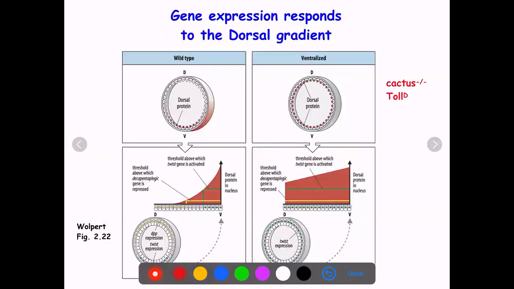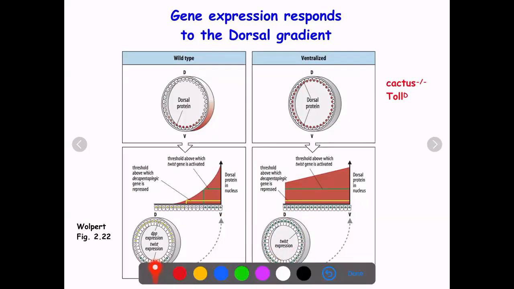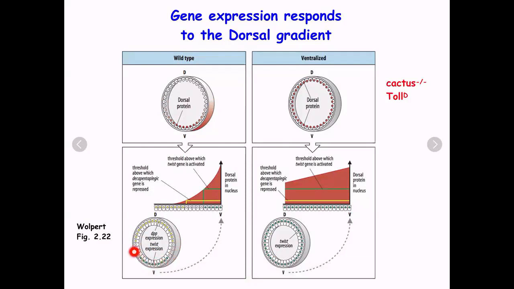So the gene expression pattern responds to this dorsal gradient. In the ventralized cell, this is like a ventralized mutant, isn't it? I'm showing it up here. When dorsal is active everywhere, twist will be turned on all around, so all ventral structures show up. Normally they are nicely balanced, and dorsal is only on the ventral cells, which activate twist.